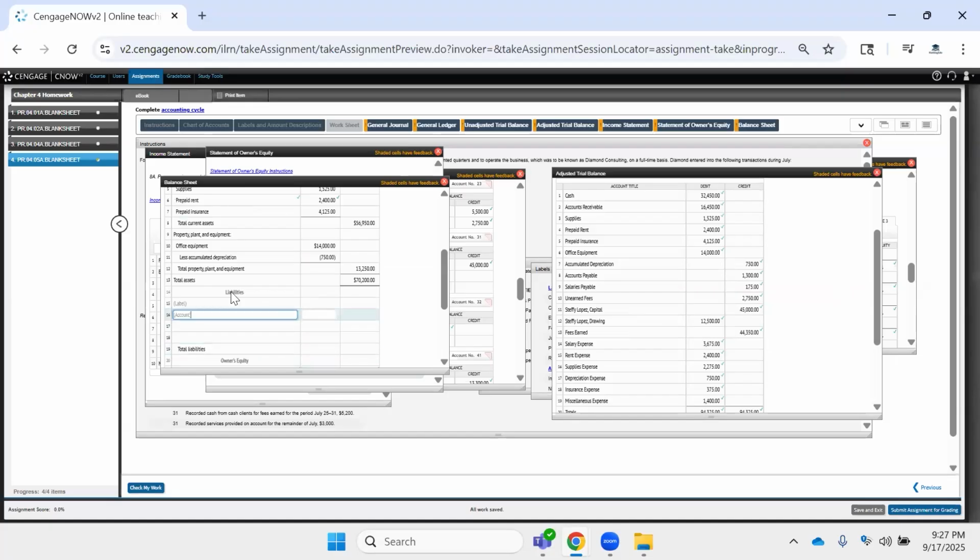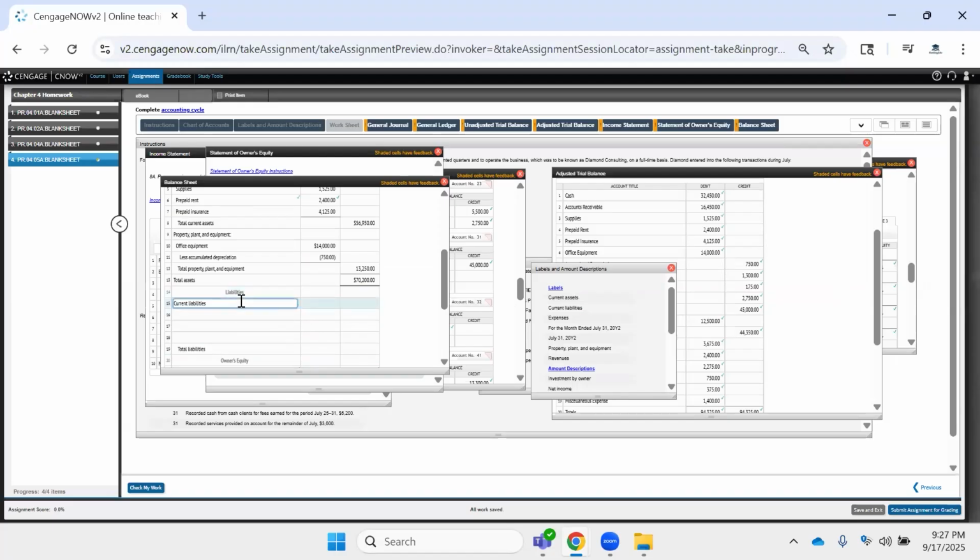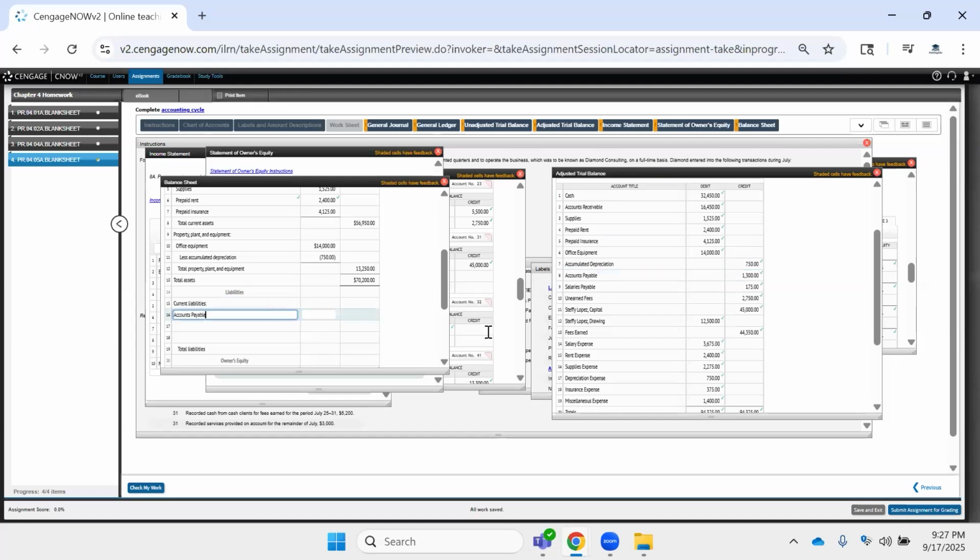So we'll start out with just labeling our current liabilities, but we don't have to worry about any long-term liabilities. We're only talking about current. And you know that you have to put that there because there's nowhere to put an amount. It says you need a label, current liabilities. And then going right down the line, accounts payable of 1,300.